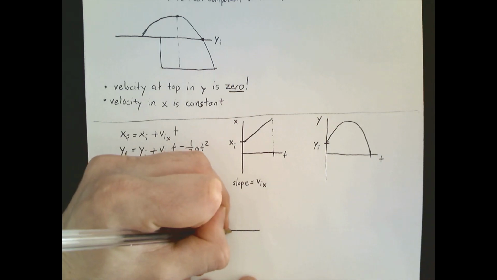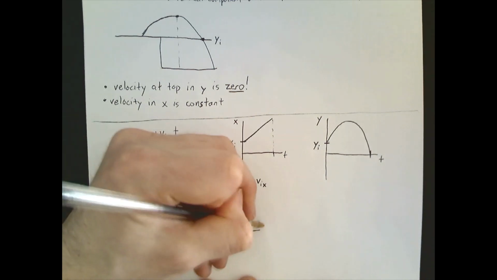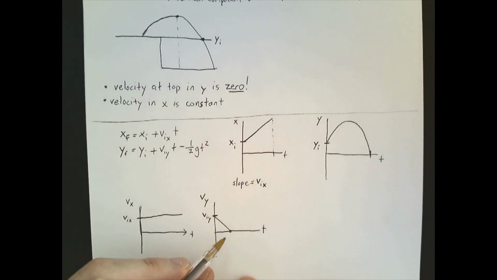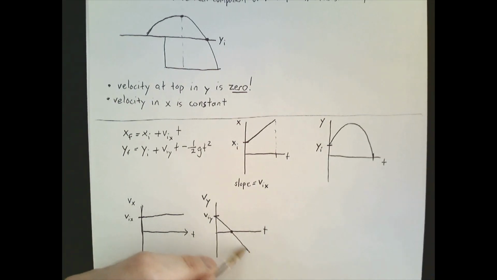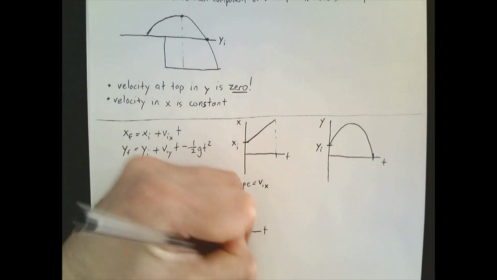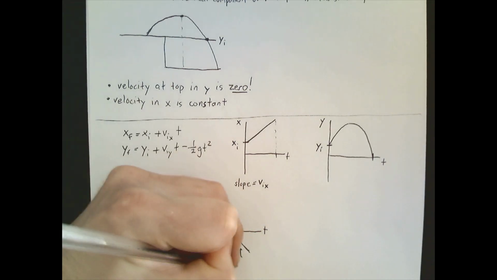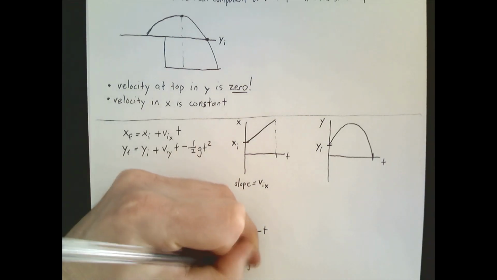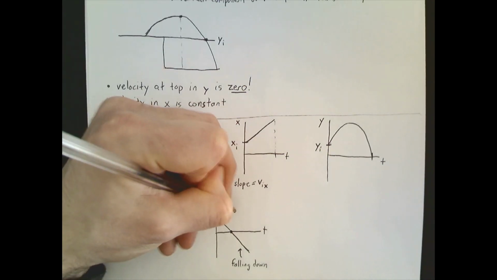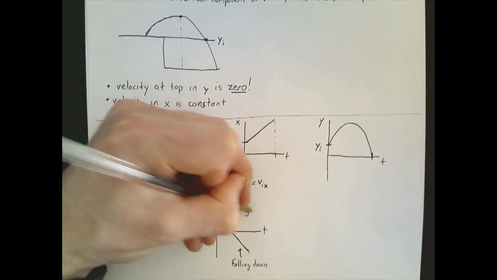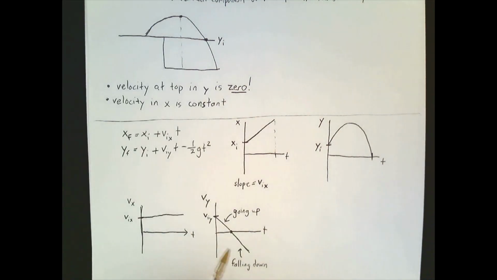The point where it crosses the t-axis is the point where it starts falling back down and going in the negative direction. So here below is falling down. This is going up. And again, the t-intercept is where it changes directions going from up to down.